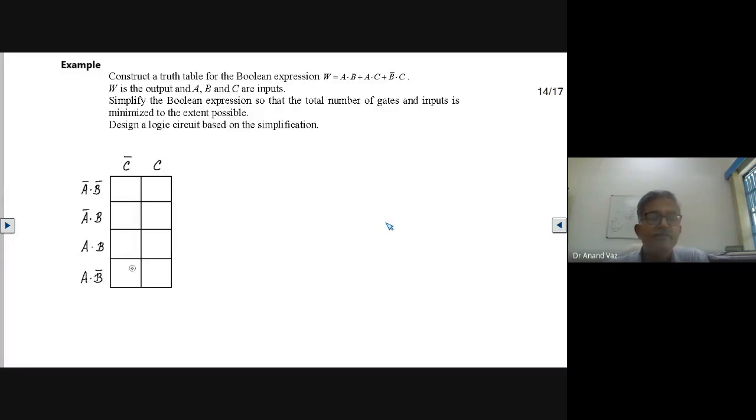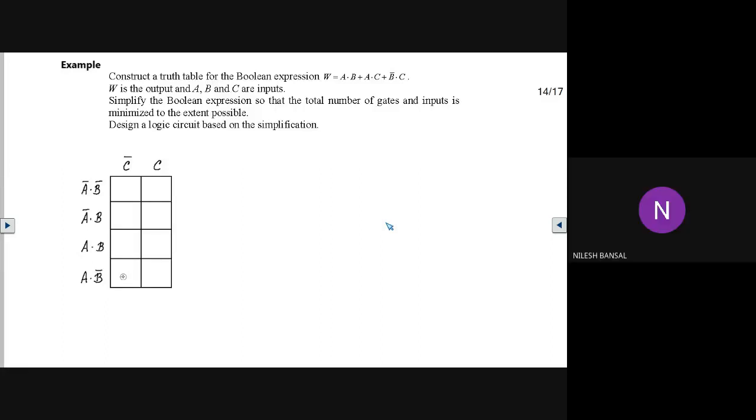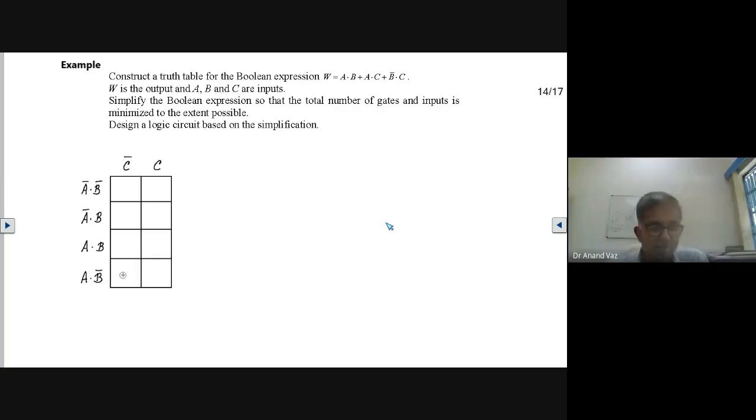Anybody? Can you give it a try? There are 3 inputs. We put a 1 in both of not C and C. Correct. So we will have to place a 1 here.